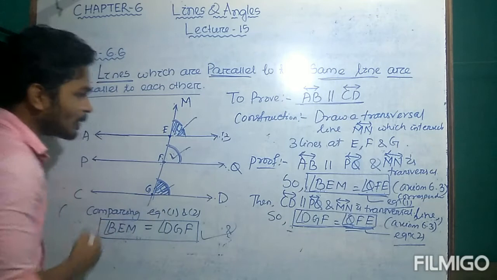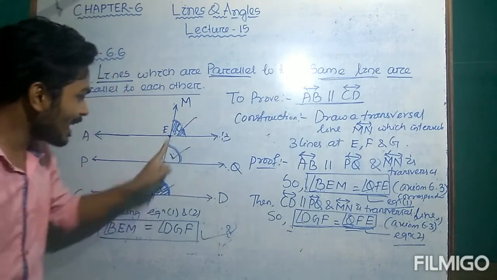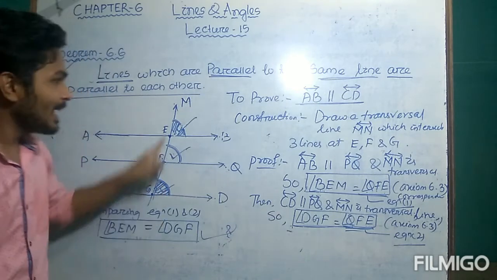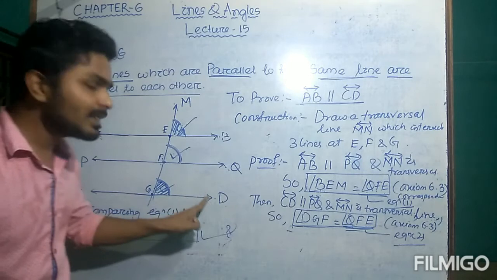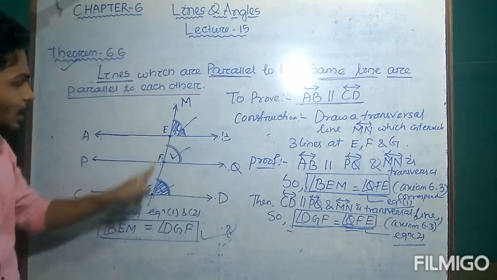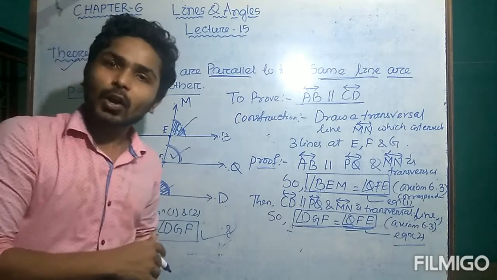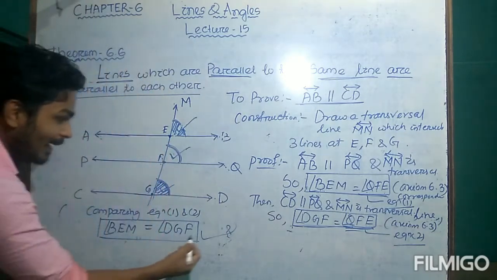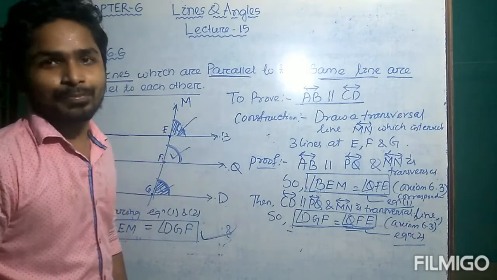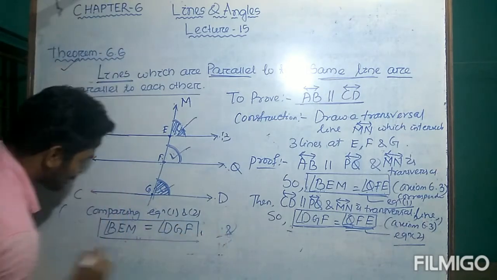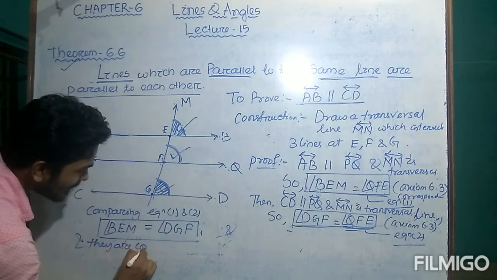Now tell me, which type of angles are these? These are corresponding angles. This is a transversal line. It intersects AB and CD at two points E and G, and these two angles are known as corresponding angles. And what we find? We find that two corresponding angles are equal.